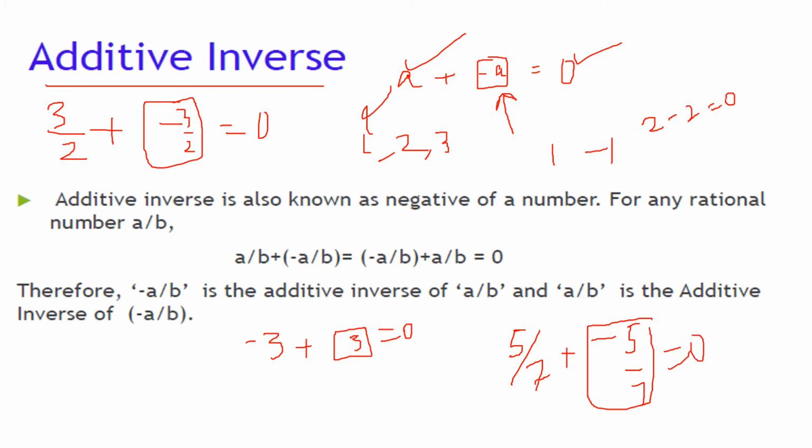So for any number a, the additive inverse is minus a. Got it? Very simple. So here you can see, if the number is a upon b, the additive inverse is minus a upon b. Just the negative of the given number. That's it. Okay. And if the number given to you is negative, the additive inverse is positive. So this is simple.